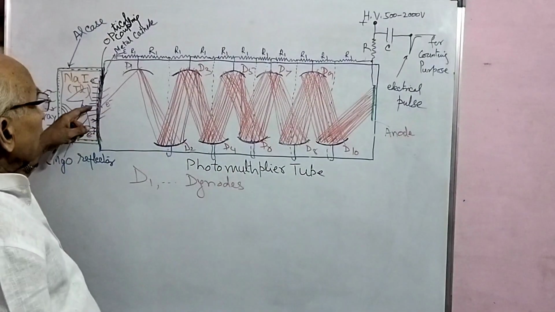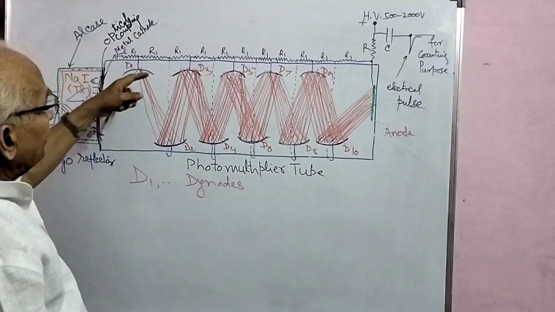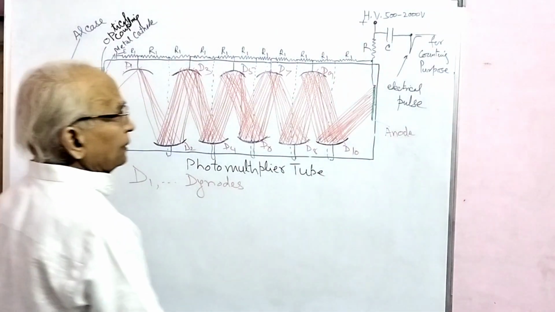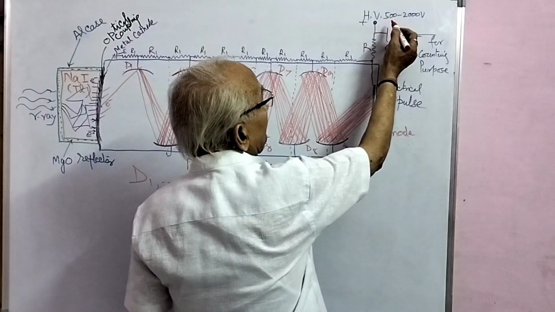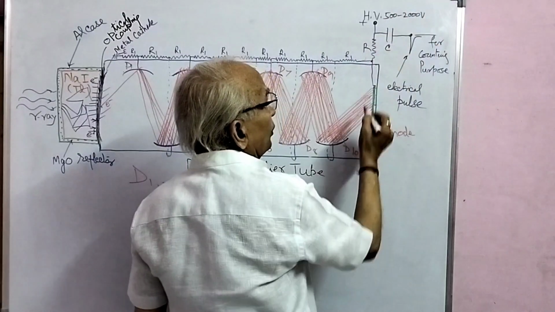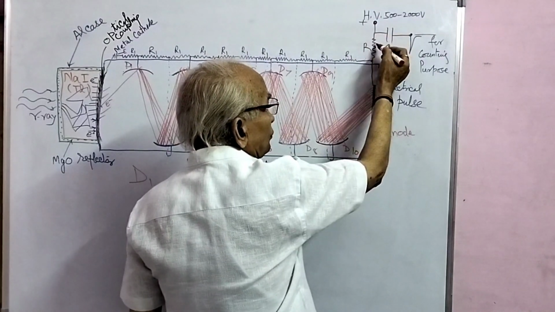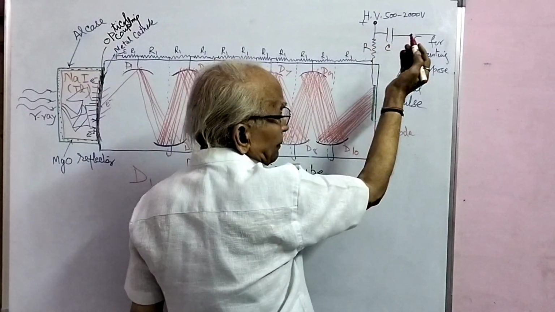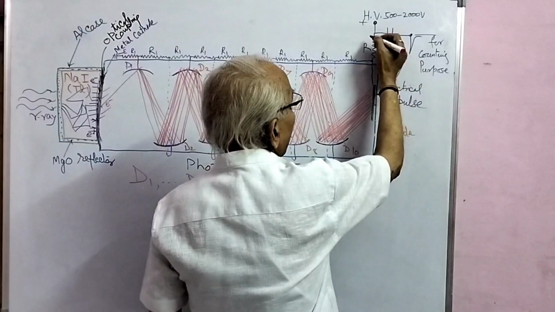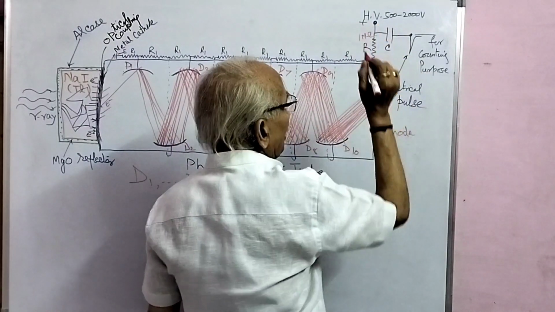So when an electron comes out from here, remember that these successive dynodes are connected with a high voltage power supply of around 500 to 2000 volts. This power supply, high voltage plus, is connected through a high resistance, maybe of the order of 1 megaohm or 10 megaohm.